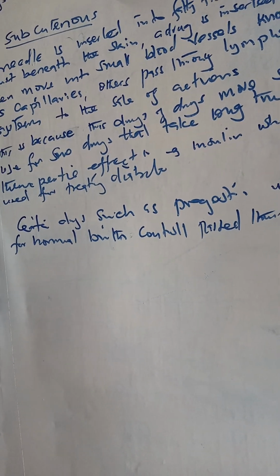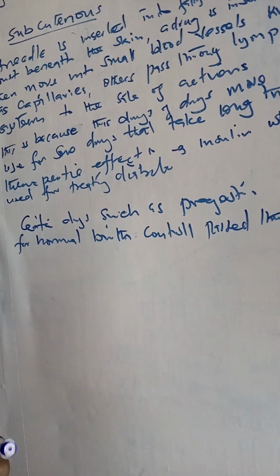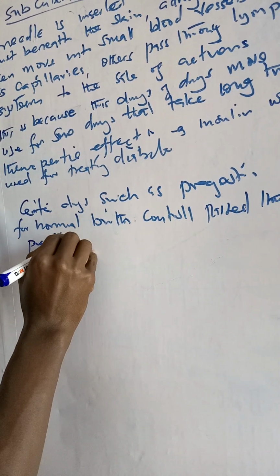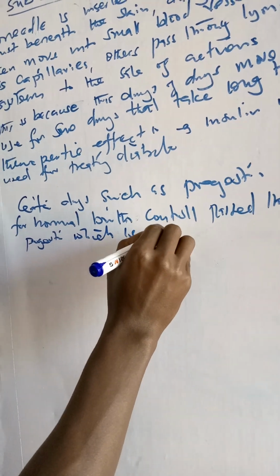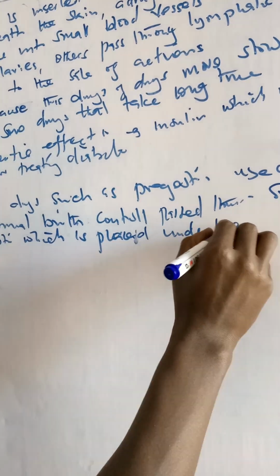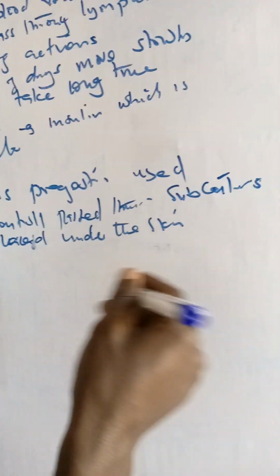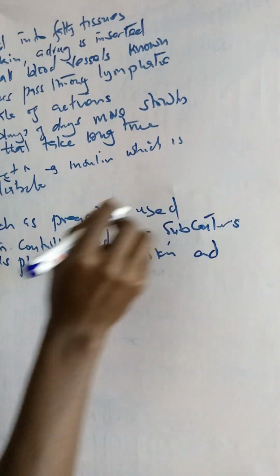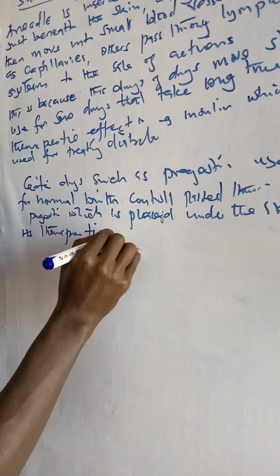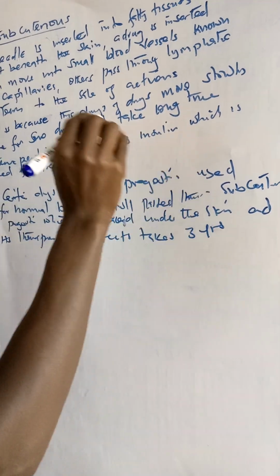An example is progesterone, which is placed in the form of a plastic implant under the skin, and its therapeutic effect takes 3 years.